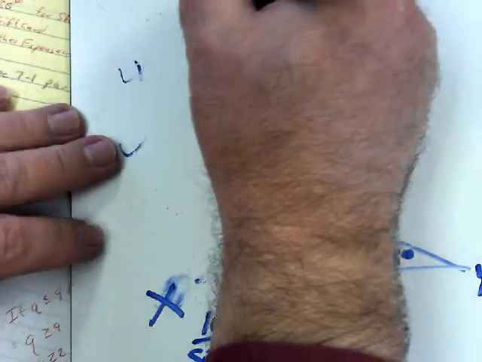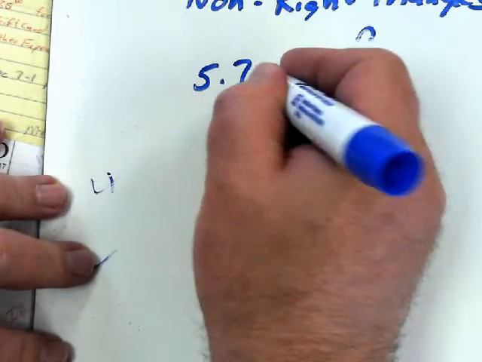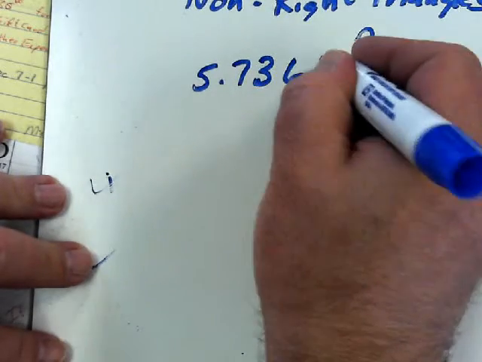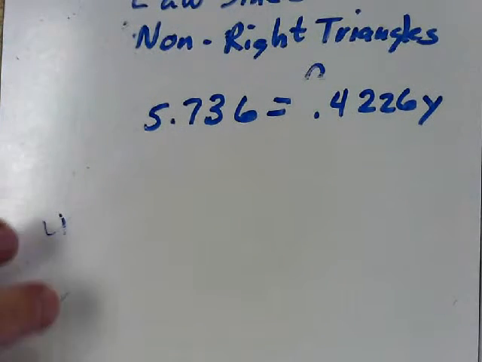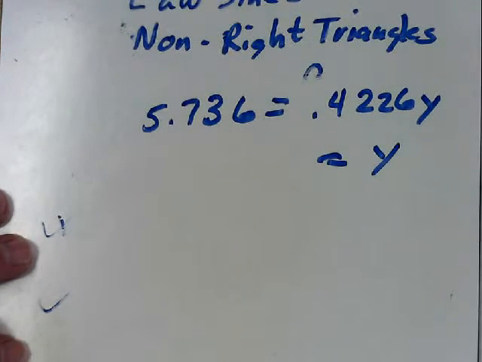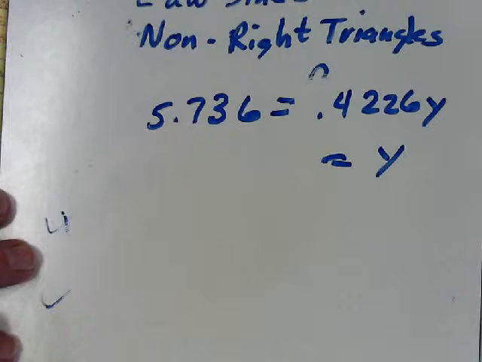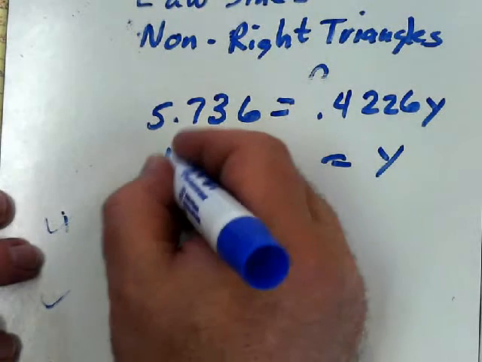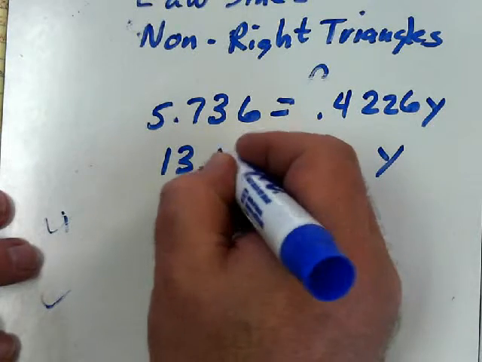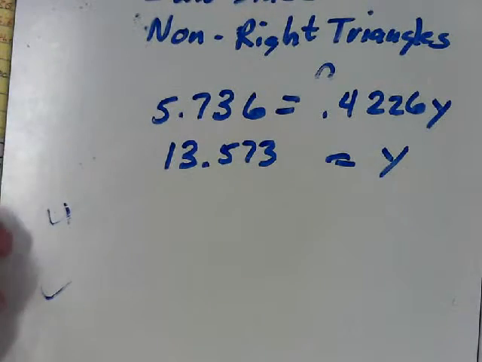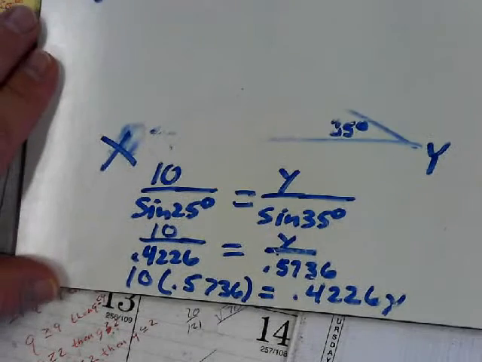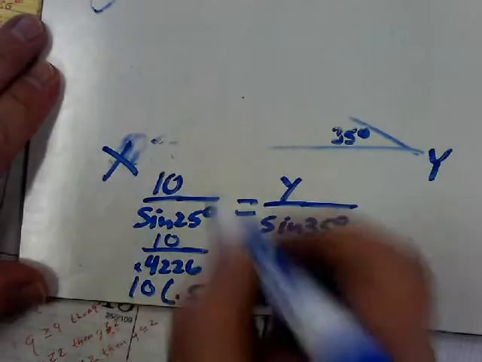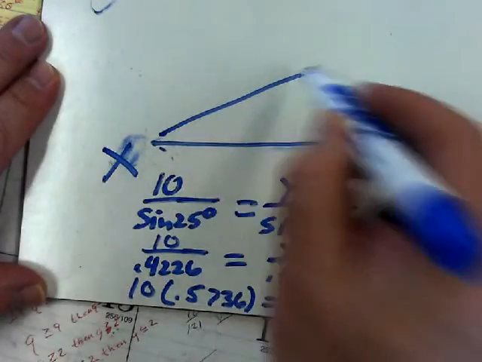Which means that I'd have 5.736 equals 0.4226y, if I multiplied the 10. So if I then divided what I have for y, 13 point what? 13.5. Okay? You look down to the bottom.